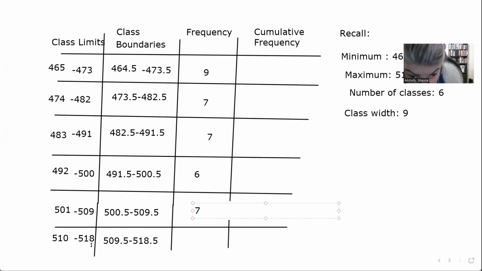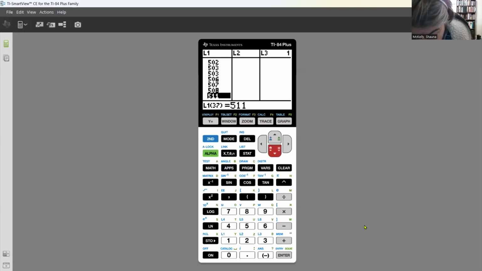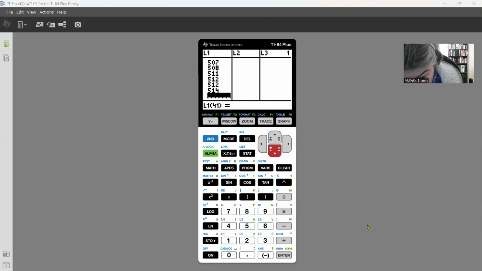And then the rest of them are going to be in this last section, from 510 to 518. 1, 2, 3, 4. There are 4 of them. So we're going to fill this in with 4.